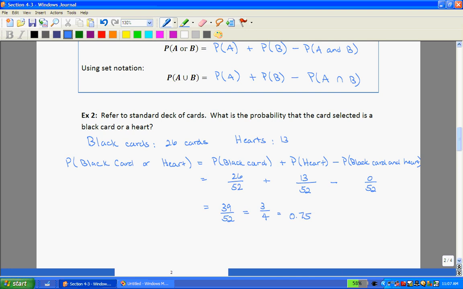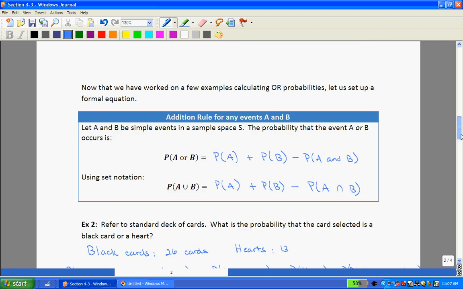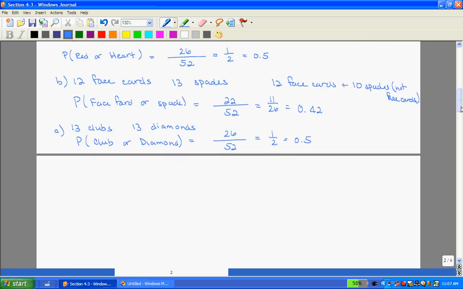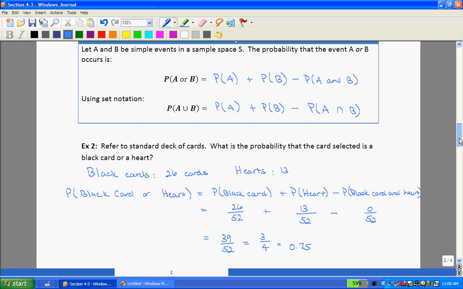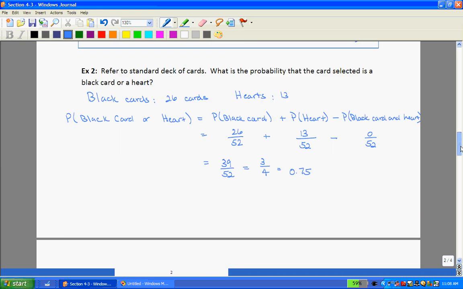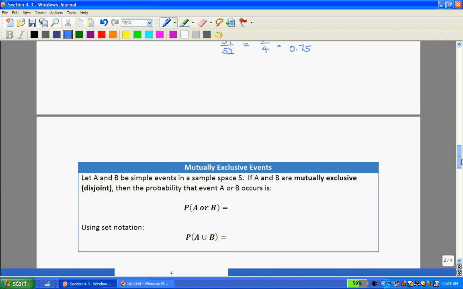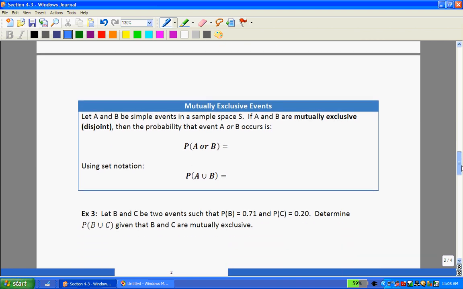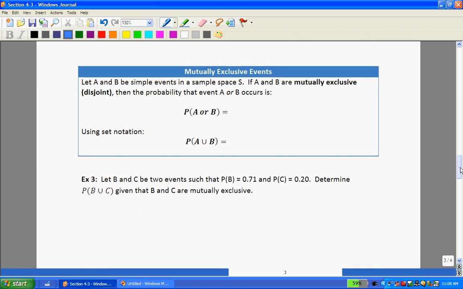And we kind of saw that in example C of example 1, part C rather. So here with the clubs and the diamonds, we didn't have to subtract off anything because there were no clubs that were also being counted as diamonds. And that's also what happened here with that 0. So that leads us to something called mutually exclusive events.